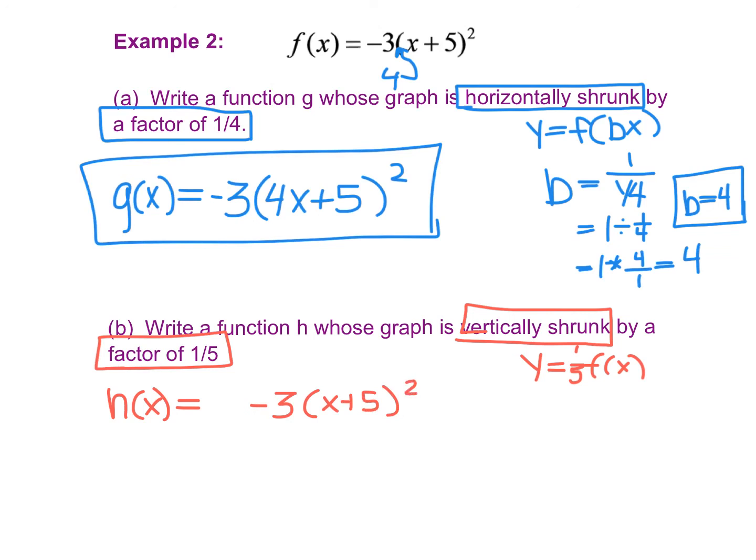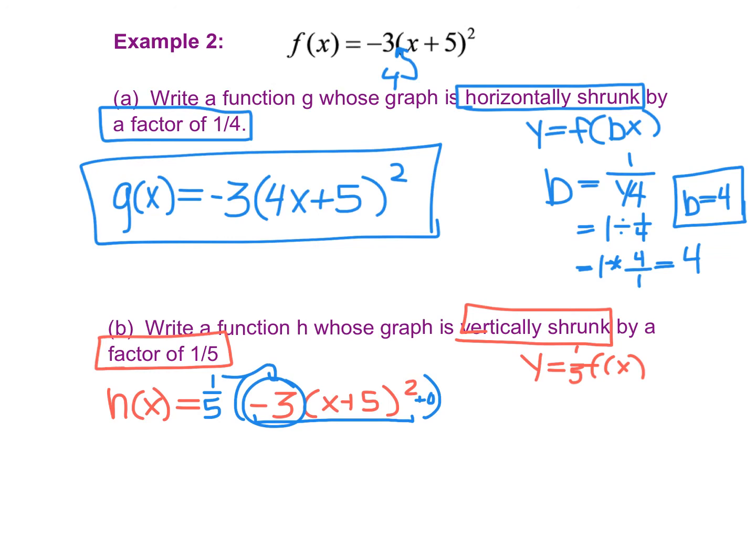And because this is a vertical shrink, we're going to multiply every chunk by 1/5. Now if you look carefully, you'll notice that this whole chunk is grouped together and there's no k value. If there was a k value in there, you would actually distribute that 1/5. But because all of these items are grouped together, we're just going to multiply this -3 by 1/5.